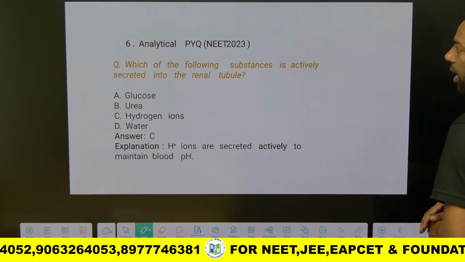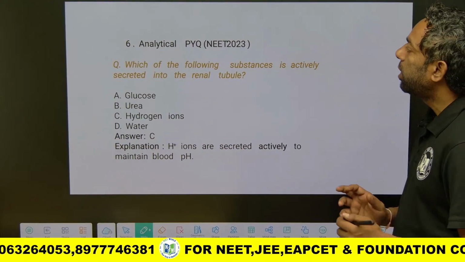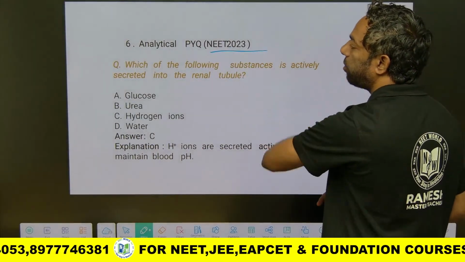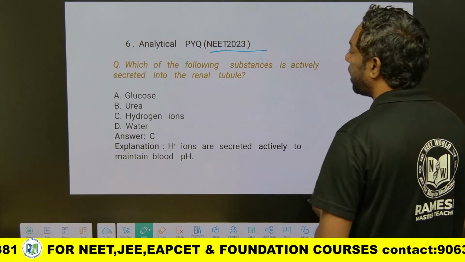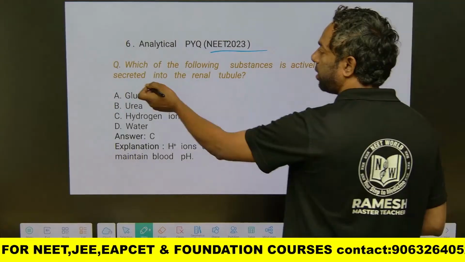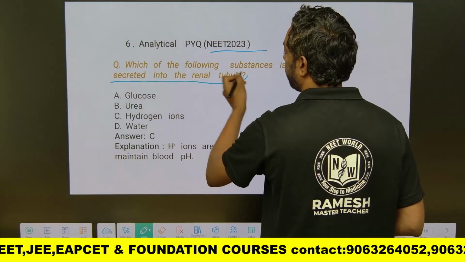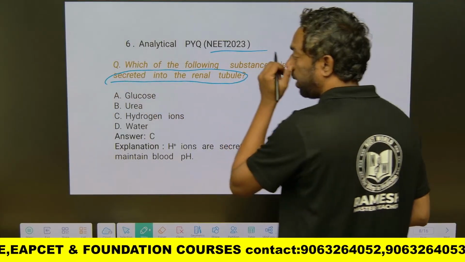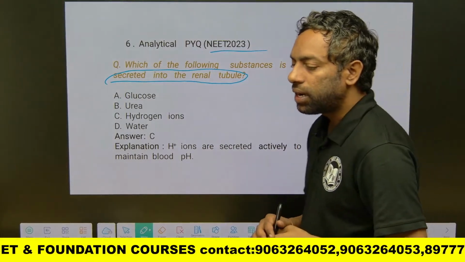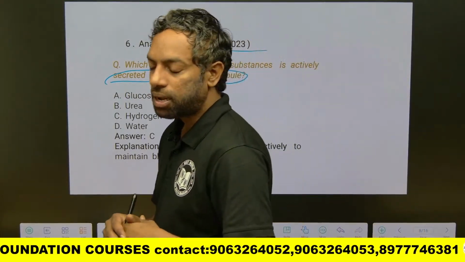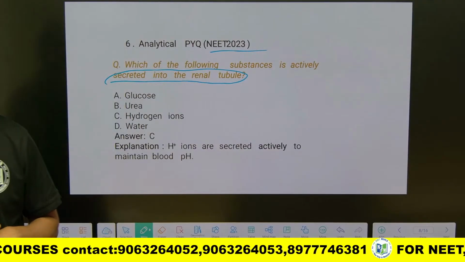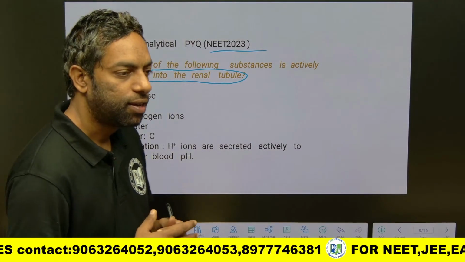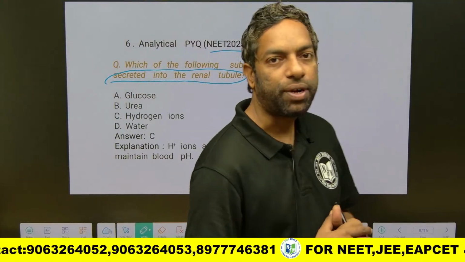Yes, analytical question, which is NEET 2023. Which one of the following substances is actively secreted into the renal tubule? Renal tubule absorbs some elements actively, some passively. Actively means energy consumption is going to take place.